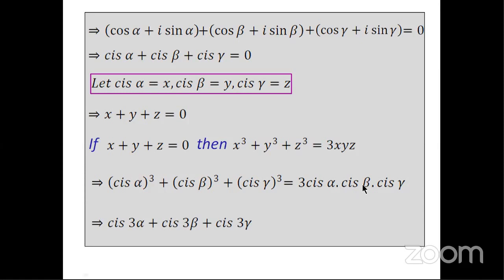And look at your RHS. This is the product of all cis terms, isn't it? Cis theta 1 into cis theta 2 is nothing but cis of theta 1 plus theta 2. So we can write our RHS as 3 into cis of alpha plus beta plus gamma. We will try to expand this, children.